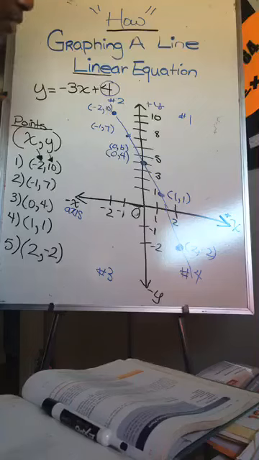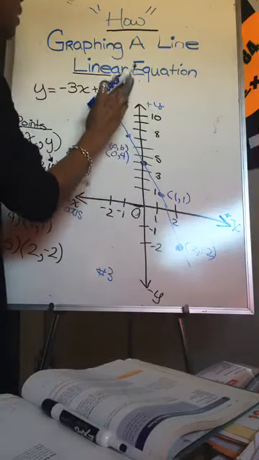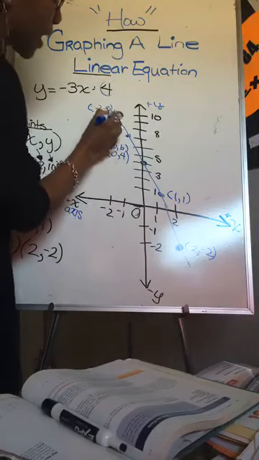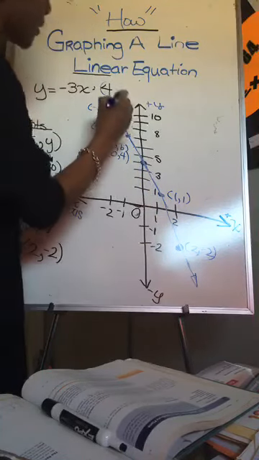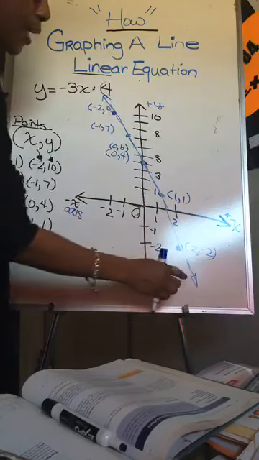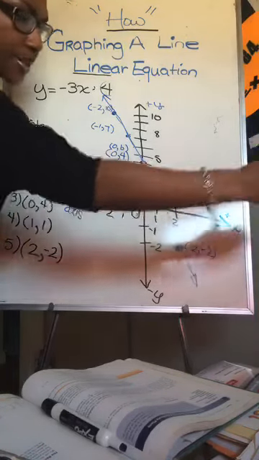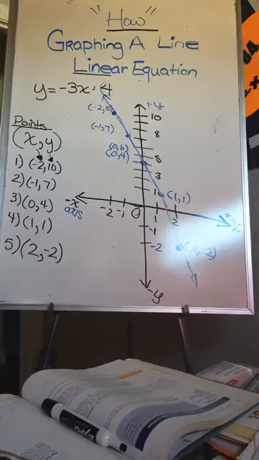I'm going to erase my quad numbers here. We don't need that anymore. All right, so when I connect my points or my dots, put an arrow at the end. We put an arrow at the end of the line because we can keep going. If I were to keep adding values of 3, 4, 5, 6, 7 to infinity, that means this line can continue to infinity and beyond, okay?